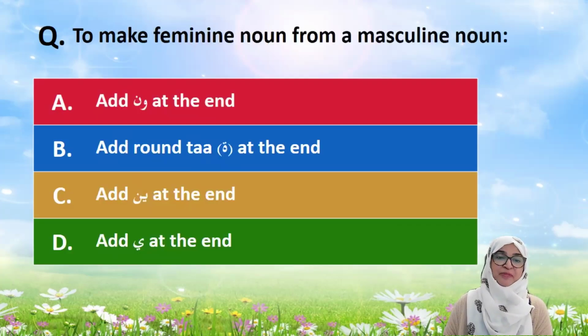To make a feminine noun from a masculine noun, what do we do? We add un at the end, add round ta at the end, add in at the end, or add ya at the end? B, you said B?